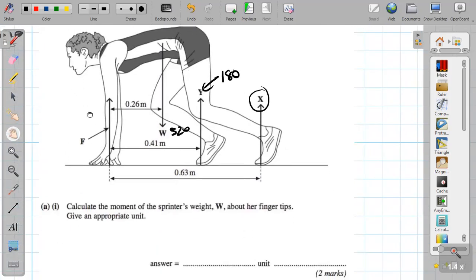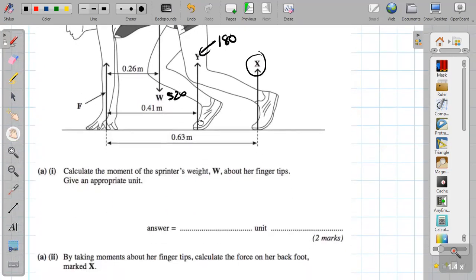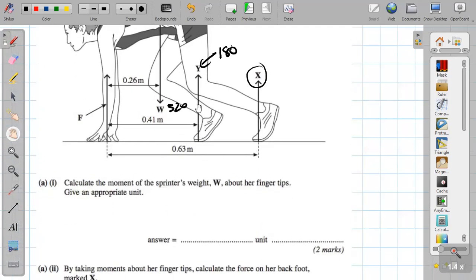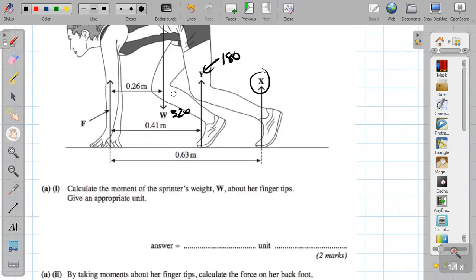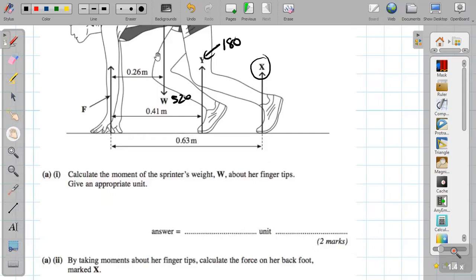Now calculate the moment of the sprinter's weight W about her fingertips. Only the weight, right. It's a very simple question. As I told you, you just need to draw the straight line here on the fingertips. F, and this one is created by W. And the distance is 0.26.